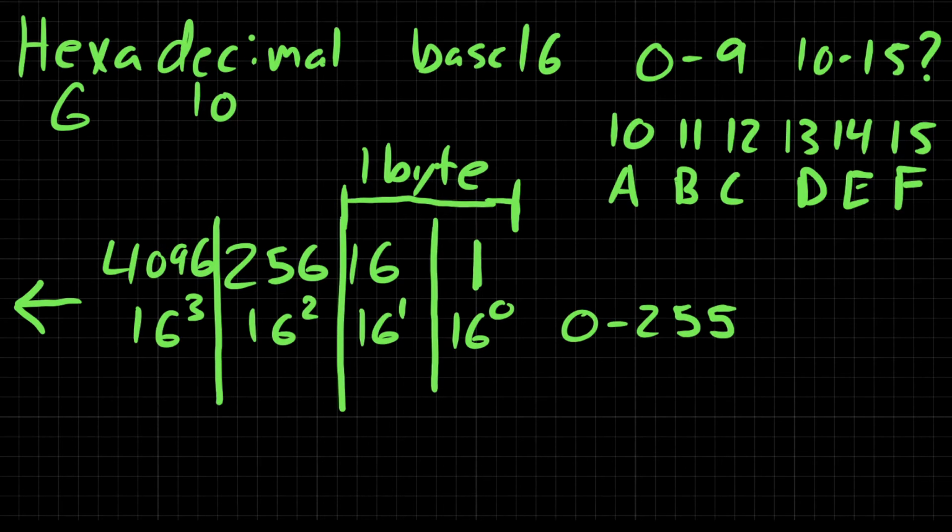And that's actually one of the reasons why we use this. Instead of using 8 places in binary, right? Instead of going 0, 0, 0, 0, 0, 0, 0, 0, we can just do 0, 0 like that in hexadecimal. And that is the exact same value. Okay? So we take up a much smaller area when we do this.